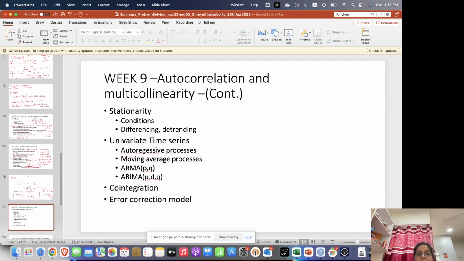And so yeah, as we were saying, stationarity conditions.